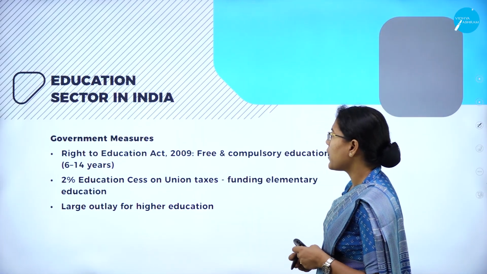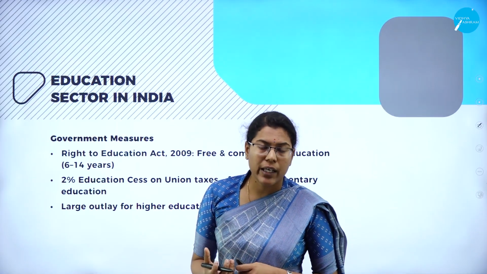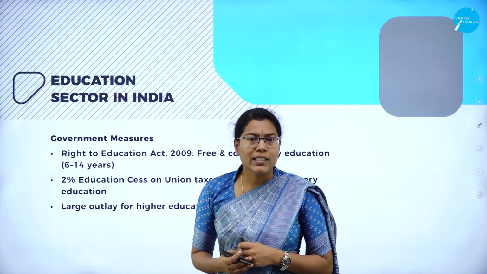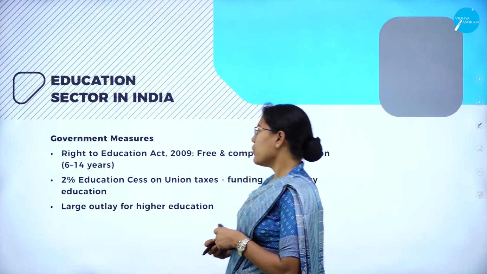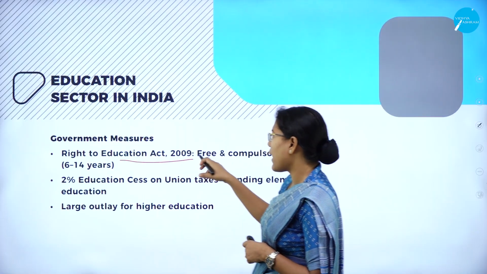Apart from that, what are the measures the government has taken to give compulsory education to all the children, or all the citizens, of India? In 2009, they introduced the Right to Education Act 2009.